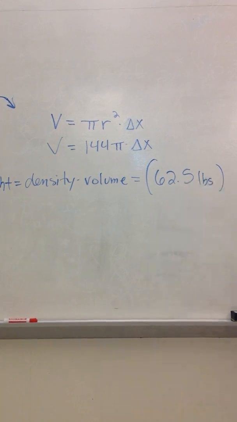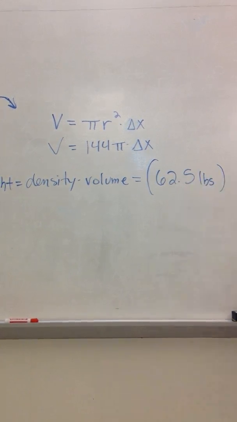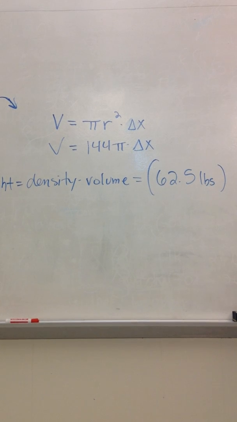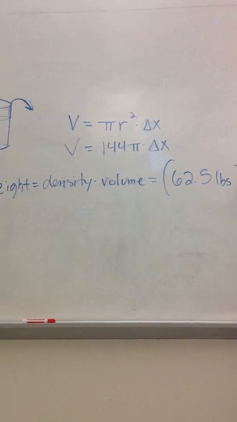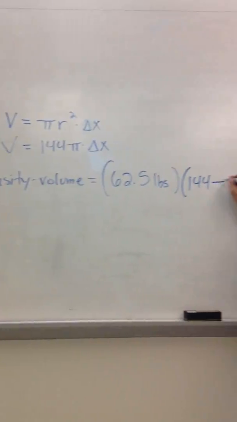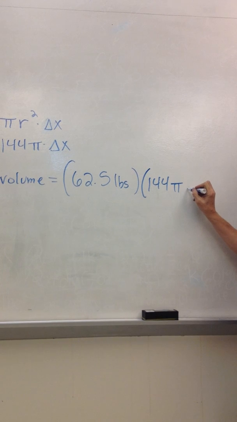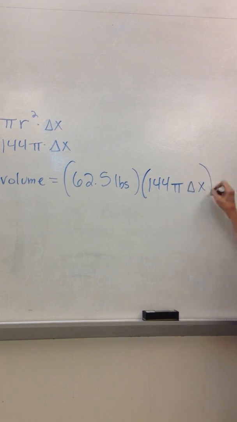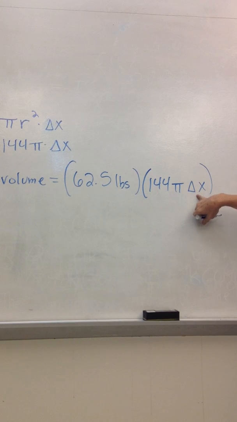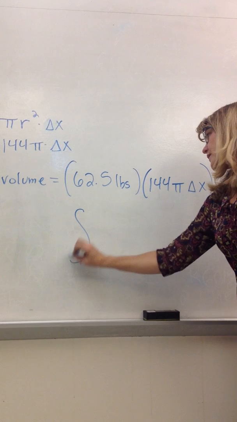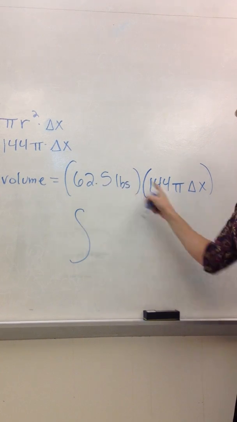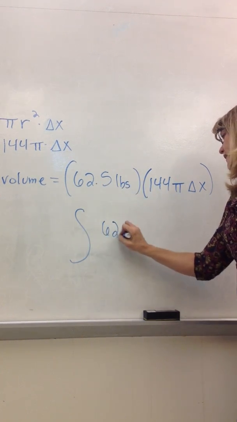A cubic foot of water weighs a lot more than you think it is. So 62.5 pounds is going to multiply your 144 pi. And again, this is just representing some minuscule thickness. All right, so that's giving you your force. So my force is all of this stuff multiplied together.